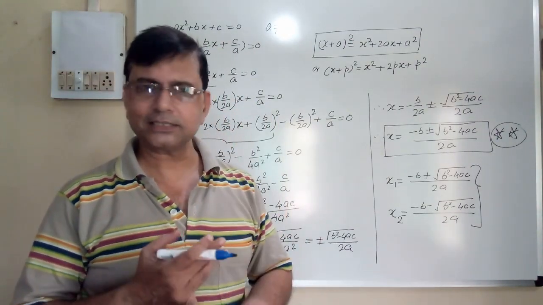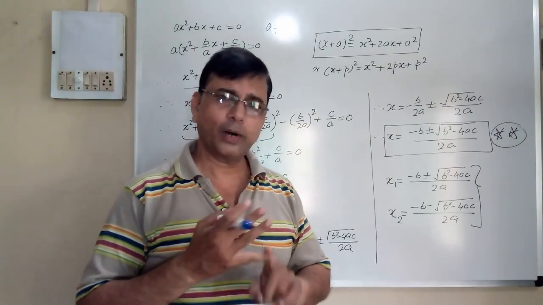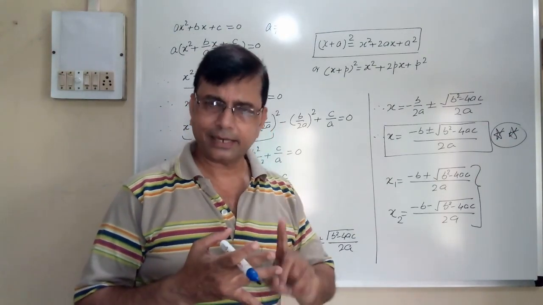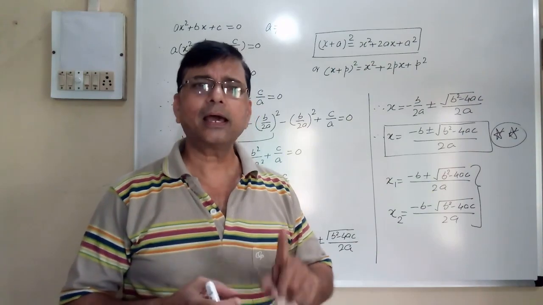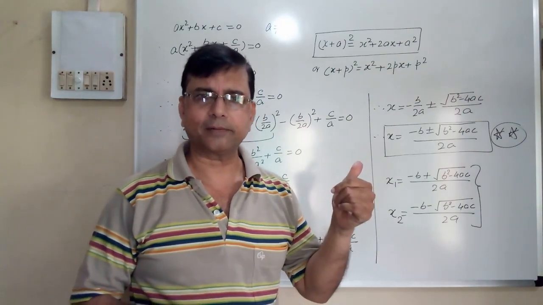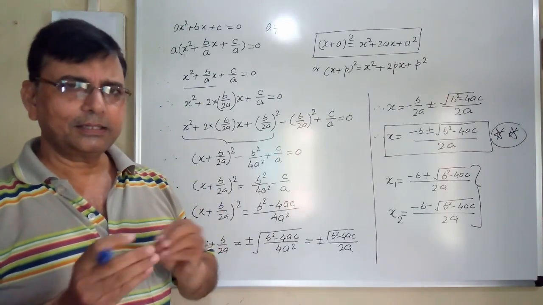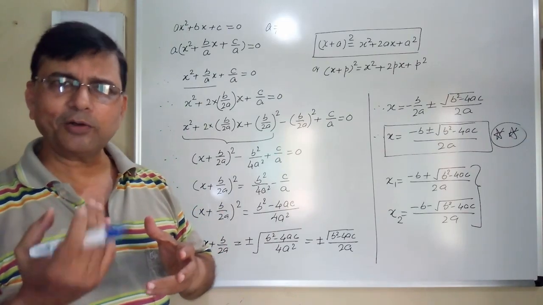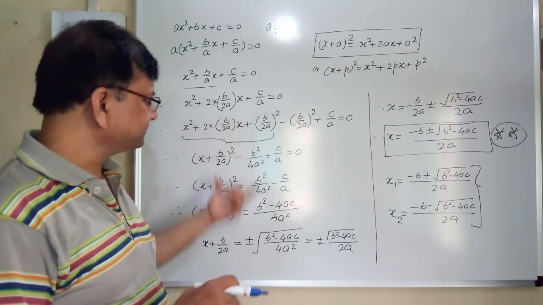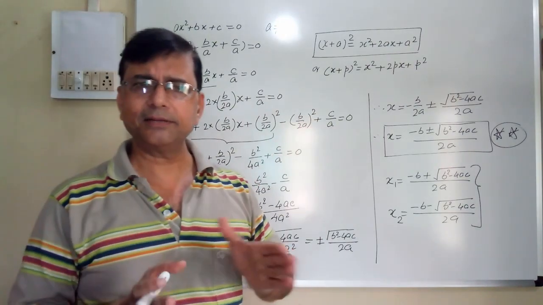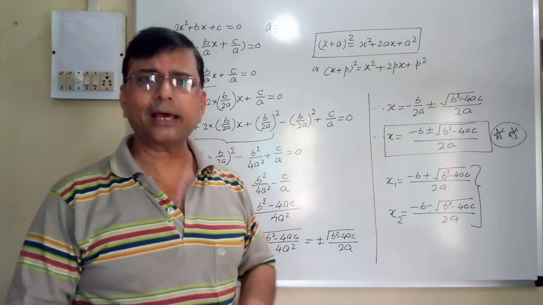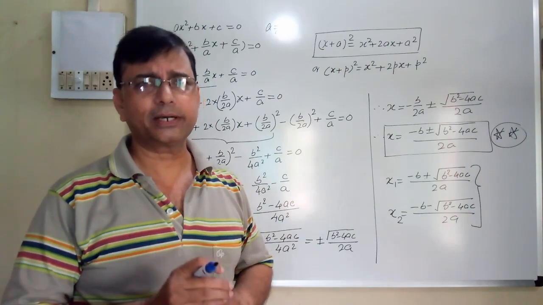So there are three methods of solving a quadratic equation. One is the factorization method, second is the completing the square method, and third is the formula method. The formula is derived by the completing the square method only. But different methods are there, and we can apply these three methods to solve a quadratic equation.